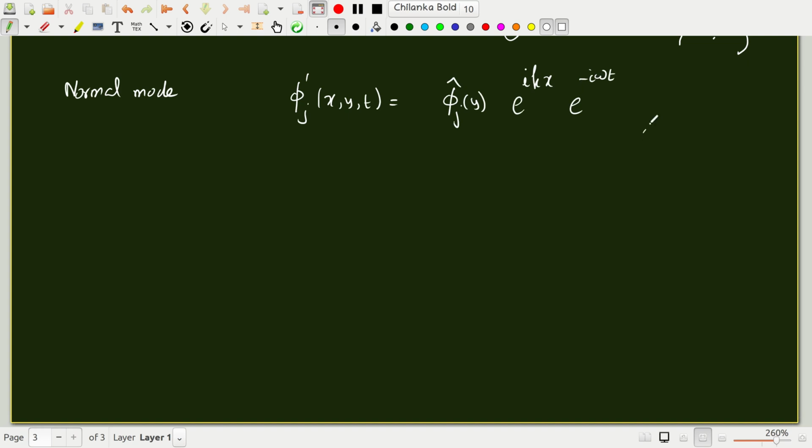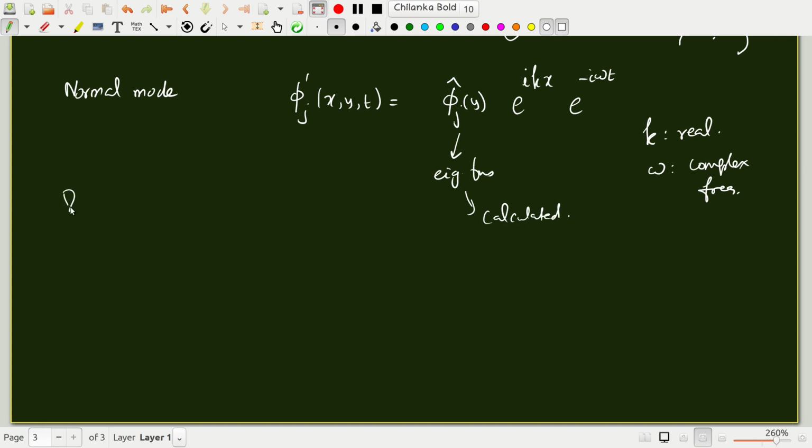Here k is a real wave number and omega is a complex frequency. If omega is real, then there is only oscillation. If omega is complex, the imaginary part will tell us whether things are stable or unstable. And these are the eigenfunctions, which are unknown a priori, but have to be calculated alongside as we solve the problem, okay.